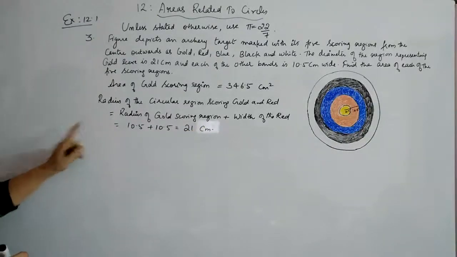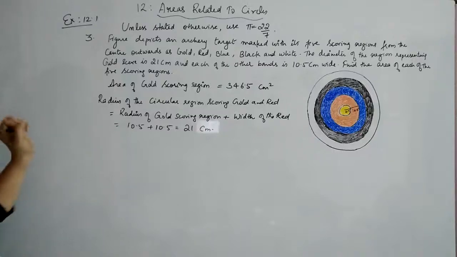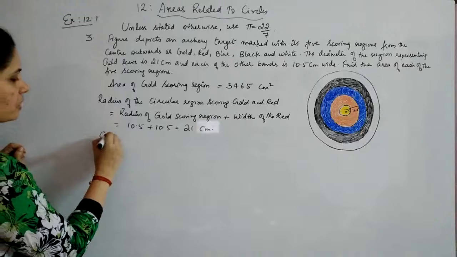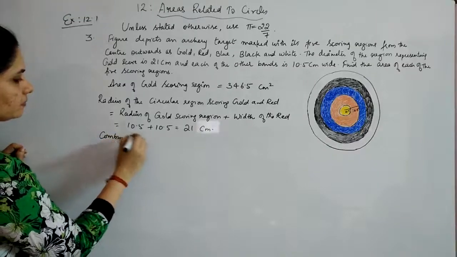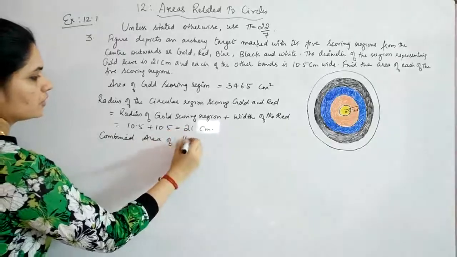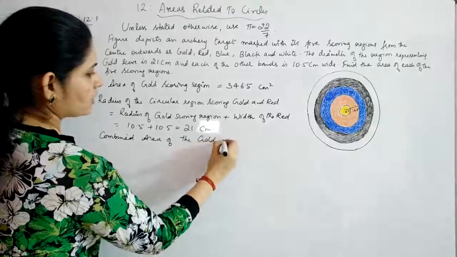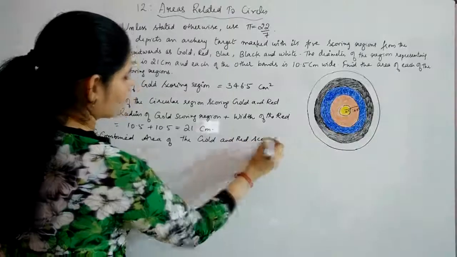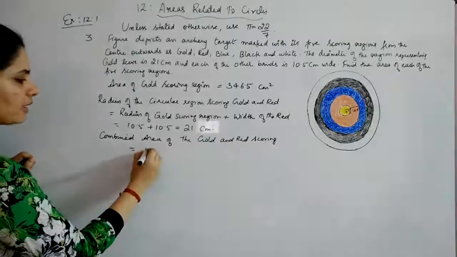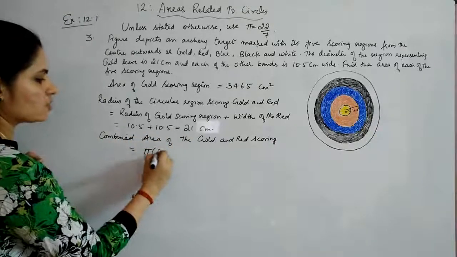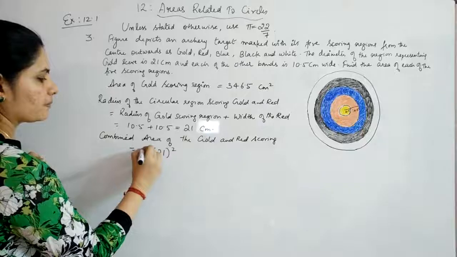Now we have to find out the area of the total combined region, that means gold and red. So the combined area of the gold and red scoring region will be equal to pi into r square, where r is this one, so pi into 21 square.